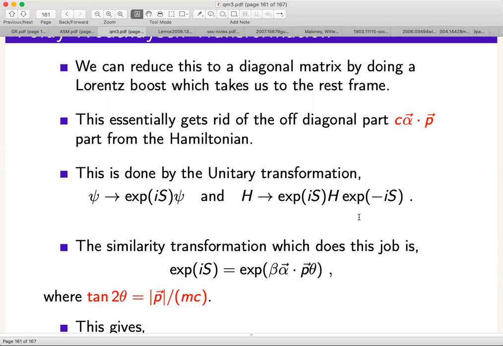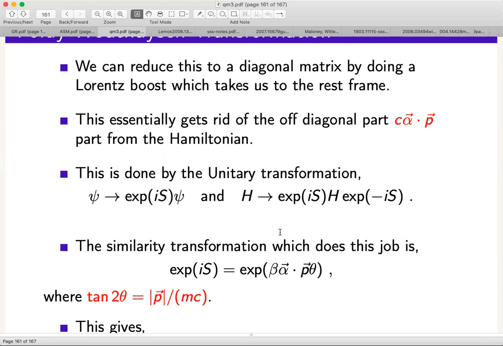Okay, but it's the same formula. We will write it down once again, but what you will get is something like this. You will get a term which is h plus commutator of s with h, then next term will be commutator of s with commutator of s with h, and so on.